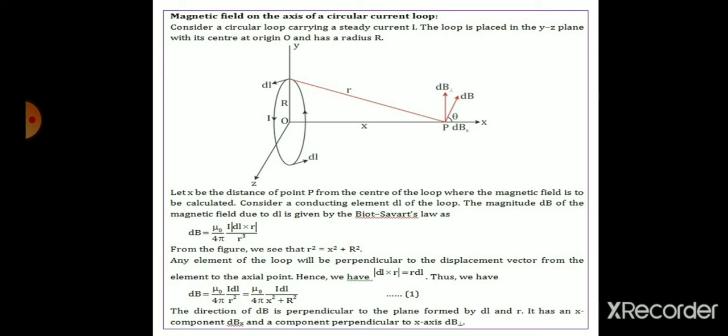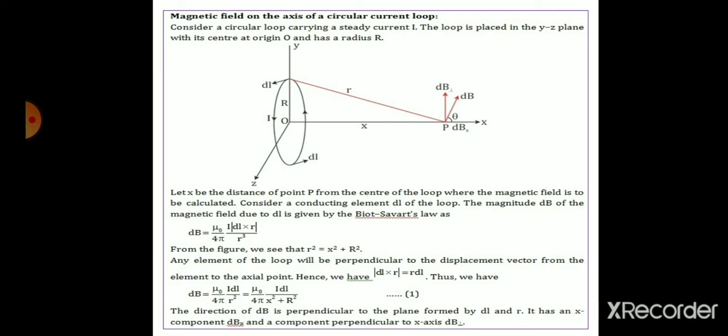From the figure, it is clear that small r square is equal to x square plus capital R square, and any element of the loop will be perpendicular to the displacement vector from the element to the axial point. Hence, dl cross r will be equal to r into dl.